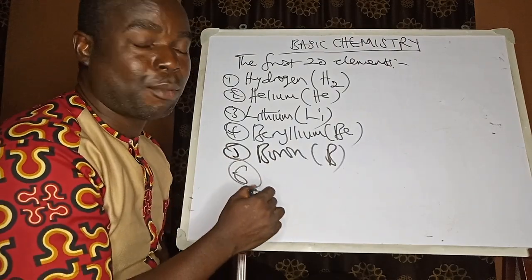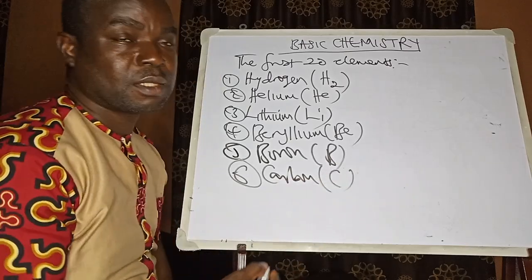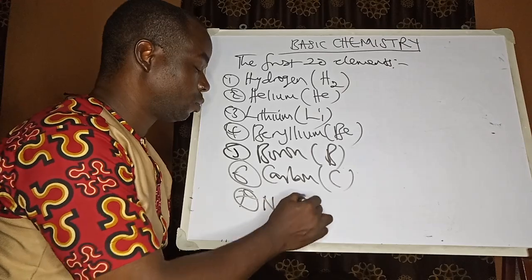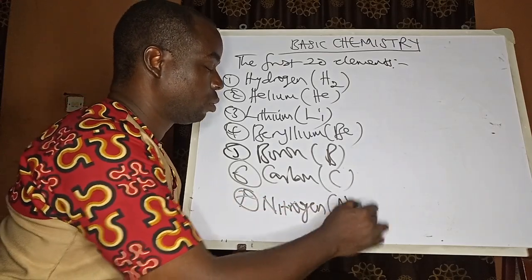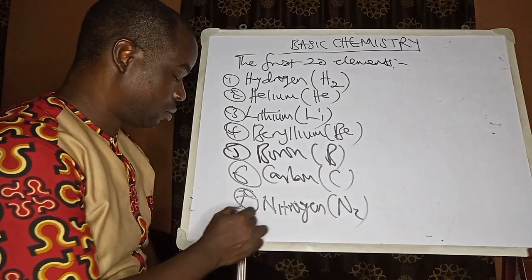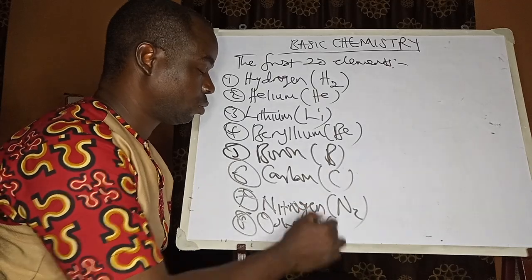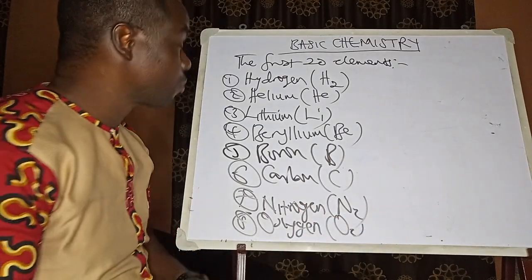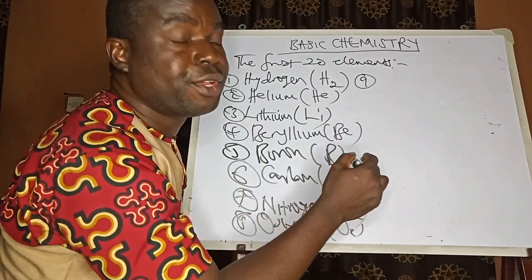Number 6, carbon. Number 7, nitrogen. Number 8, oxygen. Number 9, fluorine.